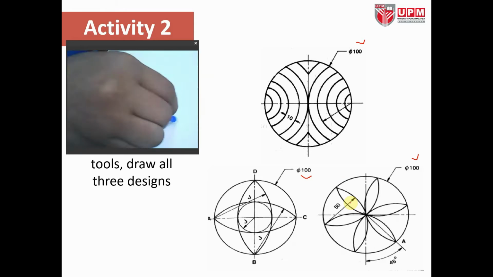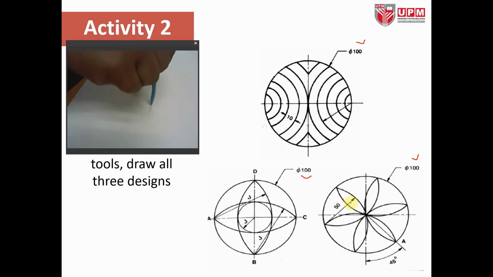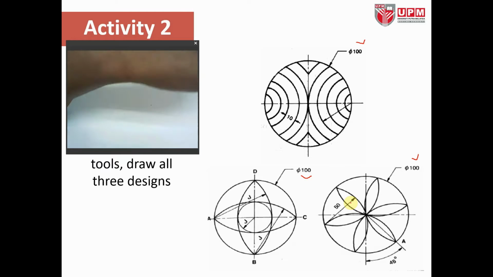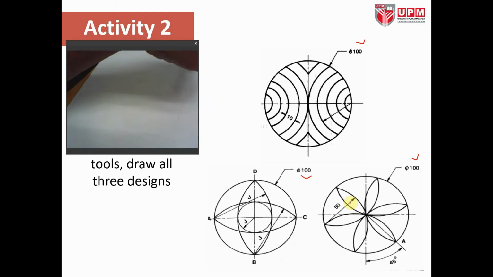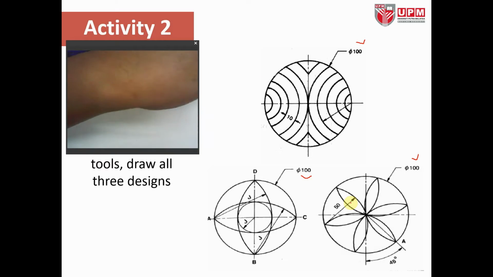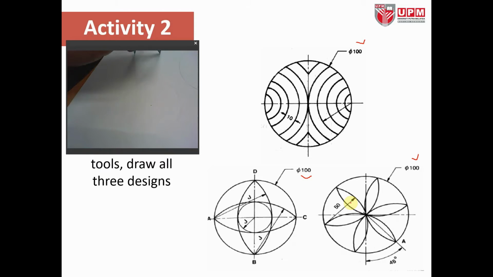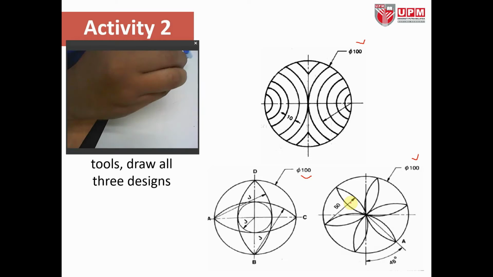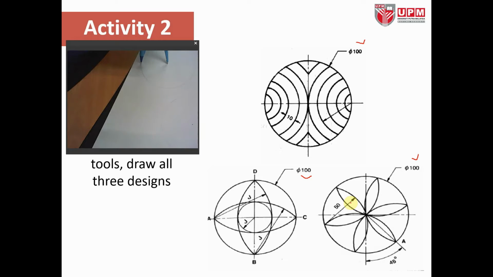So we draw 3 circles. Circle 1, circle 2, circle 3. Okay, for all of these 3 circles, you need to draw the center line.